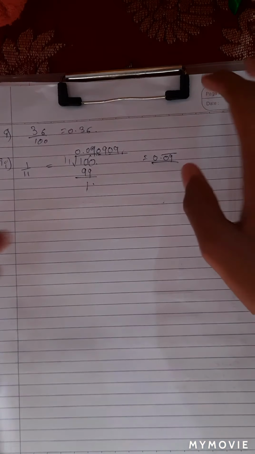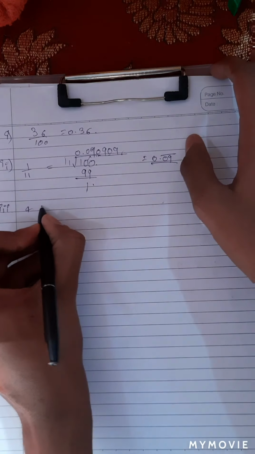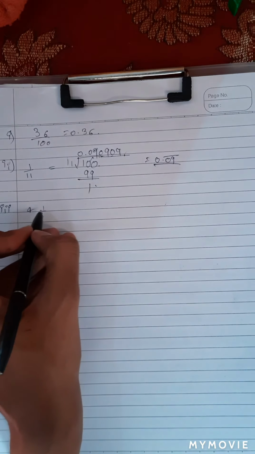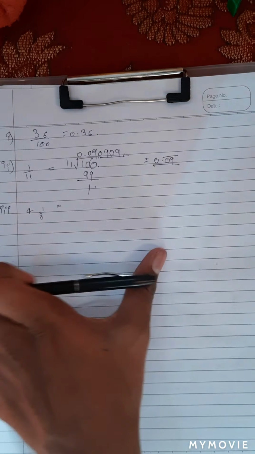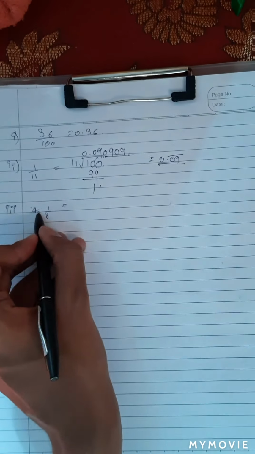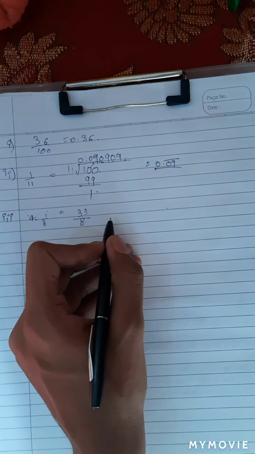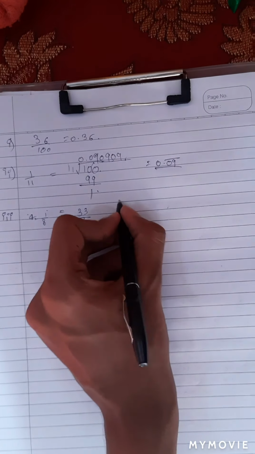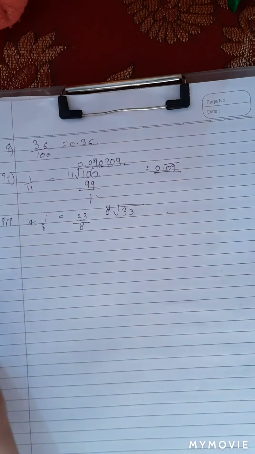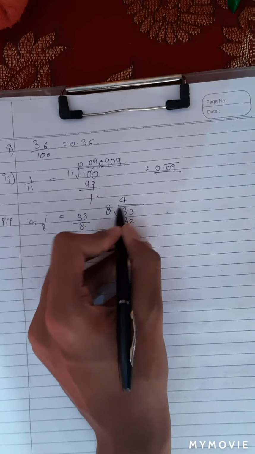And now we take the third example, which is 4 1 by 8. Here it is a mixed fraction, and we have to convert it into an improper fraction. So 8 4s are 32 plus 1 is 33. It comes out to be 33 by 8. Now we divide 33 by 8. The closest number to 33 is 32, so 8 4s are 32.